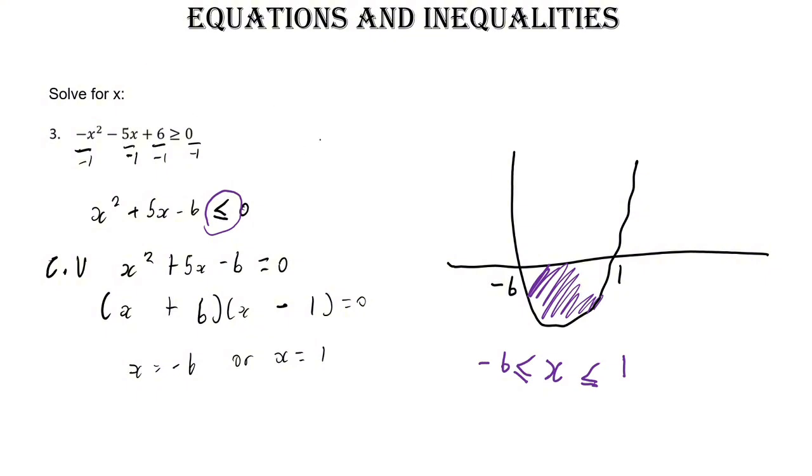If it was greater than, you would say that x should be less than or equal to -6, or x is greater than or equal to 1, if this was a positive parabola. And if you do prefer scientific notation, you could say that x is an element of, and since we're including, we're going to put square brackets, right? -6 will come first and 1 will come after, and you're including those two numbers over there.